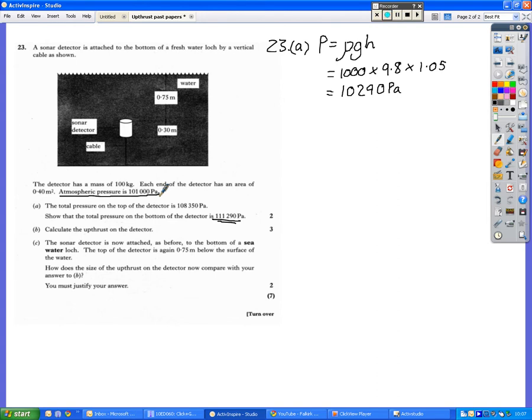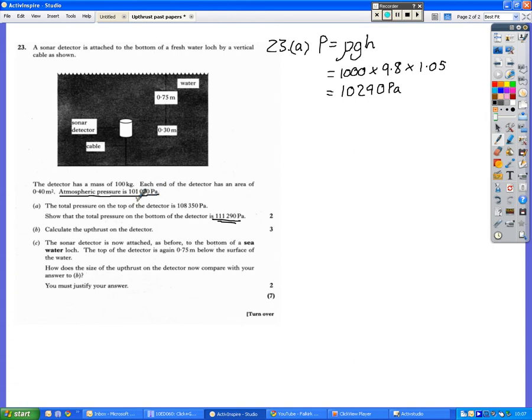Atmospheric pressure is the pressure that's keeping the top surface of that water flat. Anytime you've got juice or something inside a glass, the reason the top surface is flat is because there's atmospheric pressure pushing down on it. If there wasn't, it would be moving about from the pressure inside the liquid that you're drinking. So you've got to add that value on.